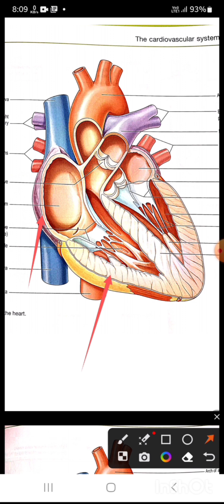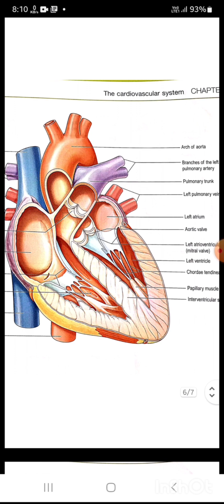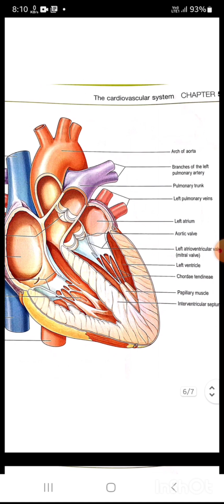So we can say that the ventricular pump power is greater than the atria's. So from the ventricle the most amount of blood is pumped into the pulmonary trunk through the pulmonary artery.